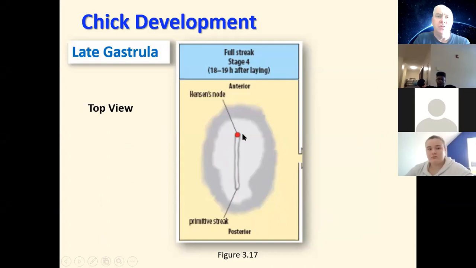Okay, Henson's node. You still have cells going in, going forward. They're going to be forming the head. And then this Henson's node now is going to move posteriorly. So I like to say it's like gastrulation zips it up and neurulation zips it back down, because the primitive streak goes up and then Henson's node comes right back down.